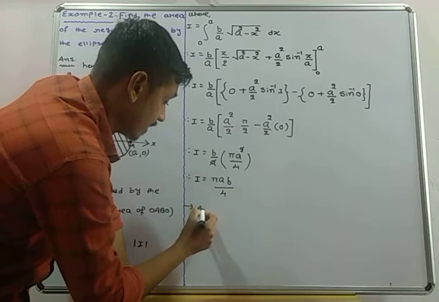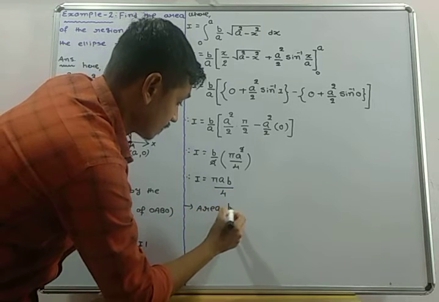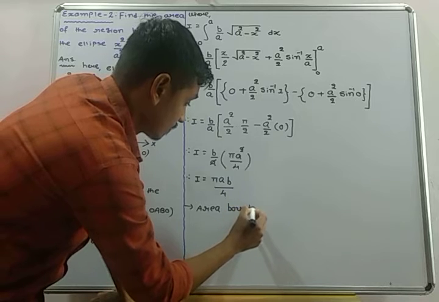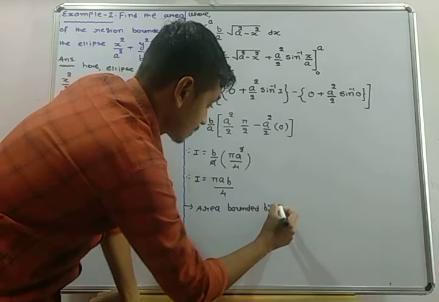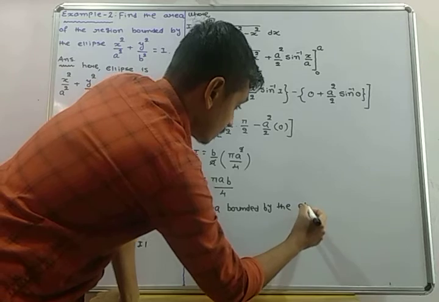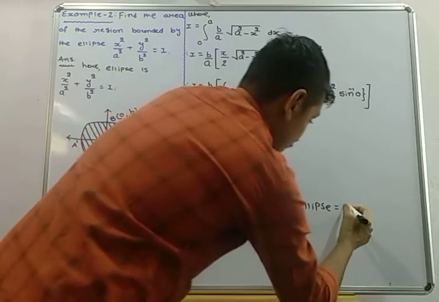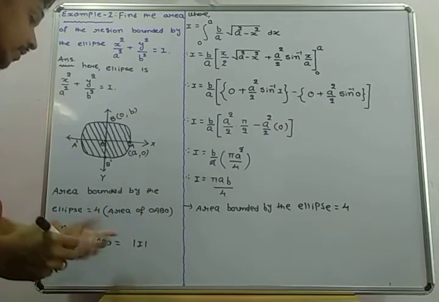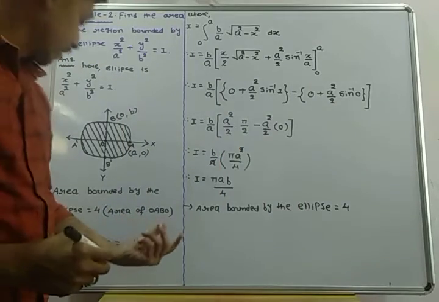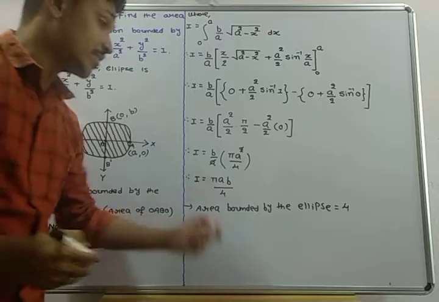So the area bounded by the ellipse is equal to 4 mod I, that is 4 into area of OABO. So 4 into area of OABO is pi AB by 4.